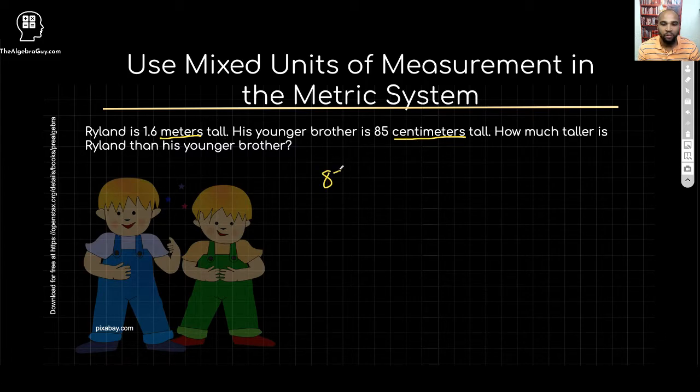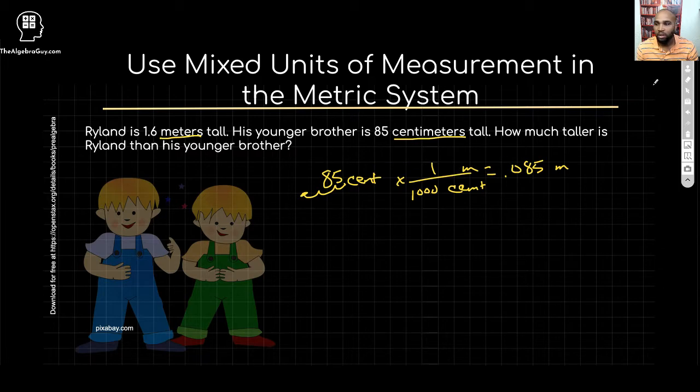So we're going to change 85 centimeters to meters. There's 1,000 centimeters in 1 meter, so we're dividing this 85 by 1,000. Moving the decimal 1, 2, 3 places gives 0.085 meters.